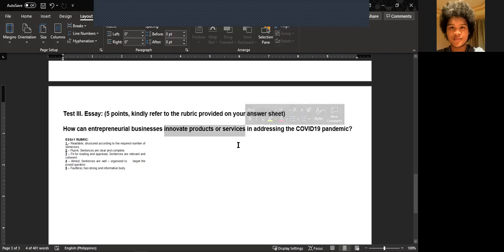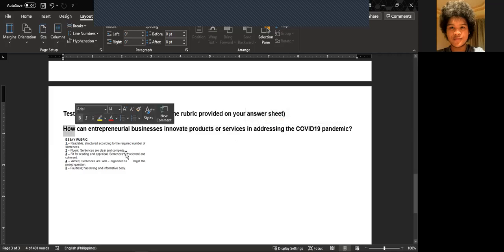Now, the question is, can students tie this up and provide an answer? Yes, by transforming the question on how. Again, how can entrepreneurial businesses innovate products or services in addressing the COVID-19 pandemic?